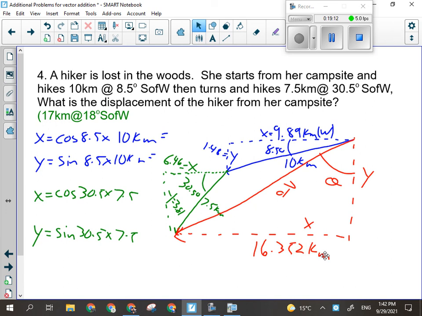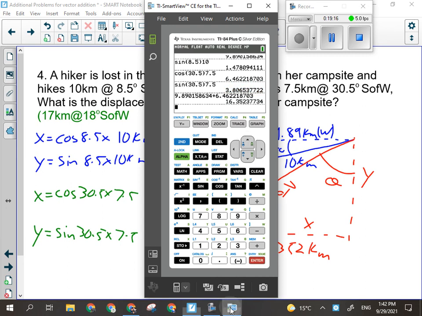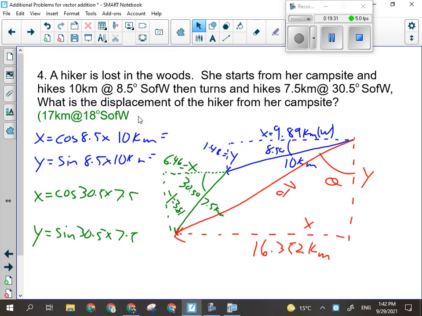For y, I'm adding them both as well because they're both south: 1.47 plus 3.8. So we're looking at 5.28 south.